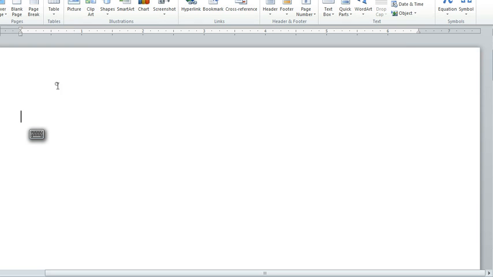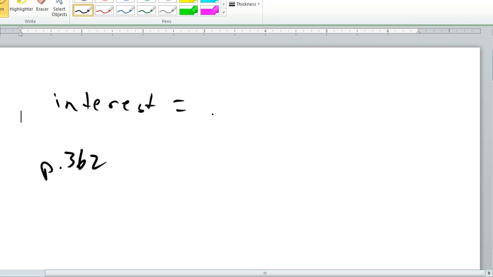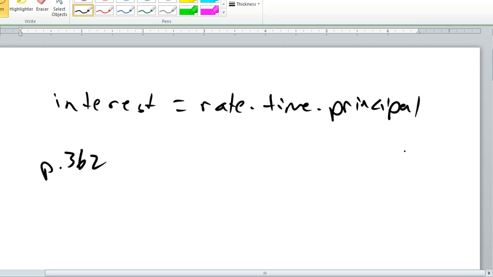It really isn't anything with ratio or proportion, I don't think, and that's on page 362. Really, when you solve this, you can make it into a ratio, but for the most part that's just an equation that you need to solve. They've got a couple different ones in there.